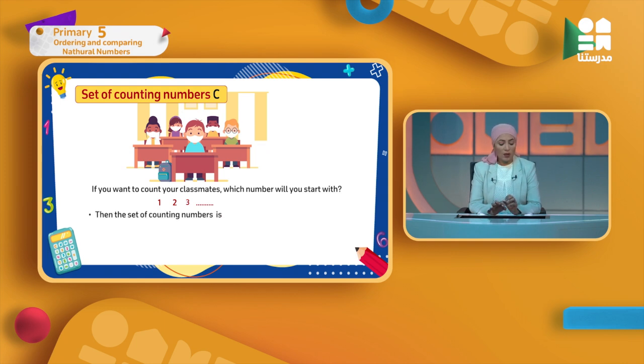Now, the set of counting numbers is C, capital letter C, because it's a set, equals braces. When I am dealing with a set, as we said in the first term, we use the braces. Inside the braces, I write down the elements of my set, which are 1, 2, 3, 4, 5, and so on.